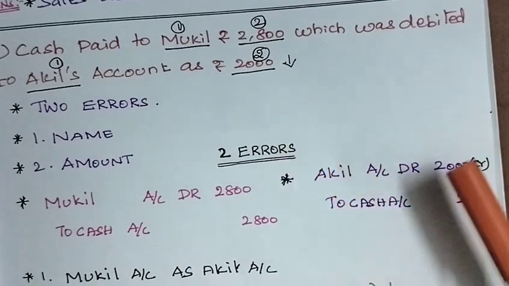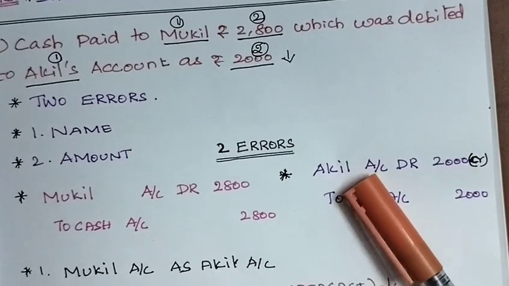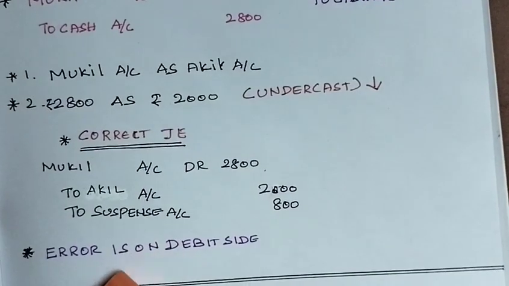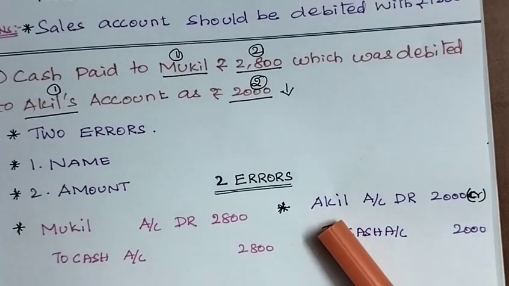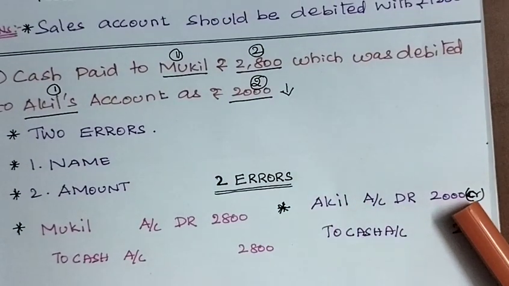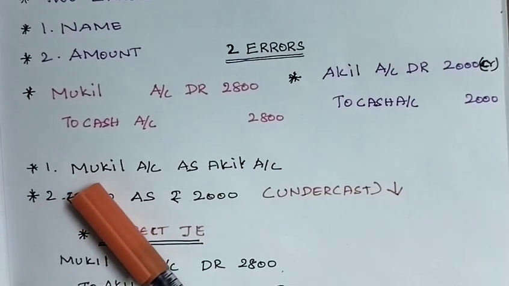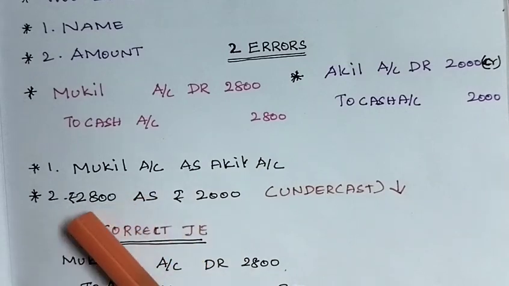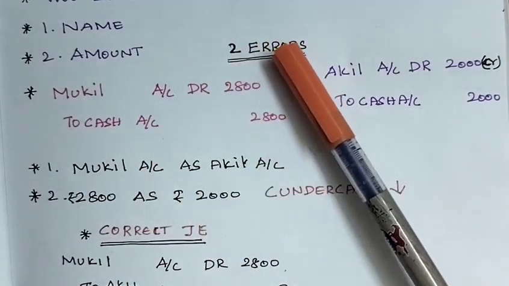Okay, this is wrong. This is the error. Where is the error? The error is on the debit side, where Akhil account debit 2000 rupees. So there are two errors, as I said.